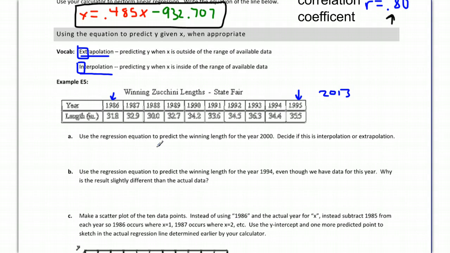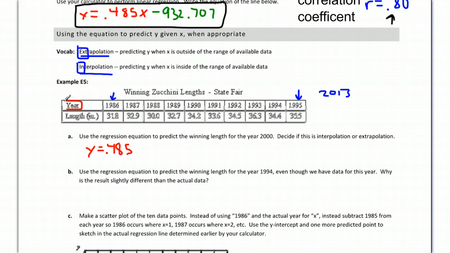Going down here, use the regression equation to predict the winning length for the year 2000. Decide if this is interpolation or extrapolation. Well, we have this equation up here that says y equals 0.485x minus 932.707. So our prediction is that y is equal to, again, 0.485, and in this case, x is the number of years.